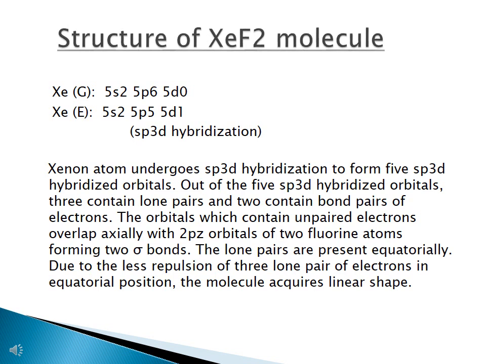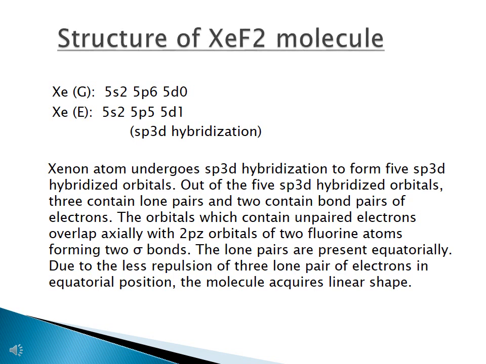In this molecule, xenon atom undergoes sp3d hybridization to form 5 sp3d hybridized orbitals. Out of the 5 sp3d hybridized orbitals, 3 contain lone pairs and 2 contain bond pairs of electrons.